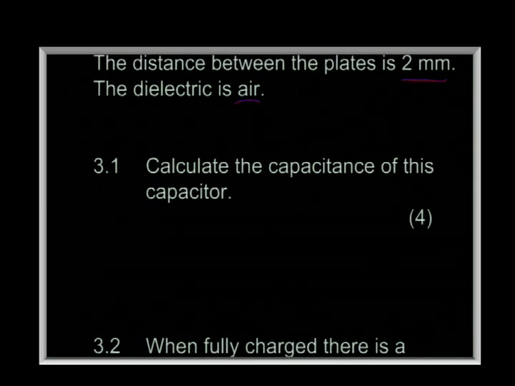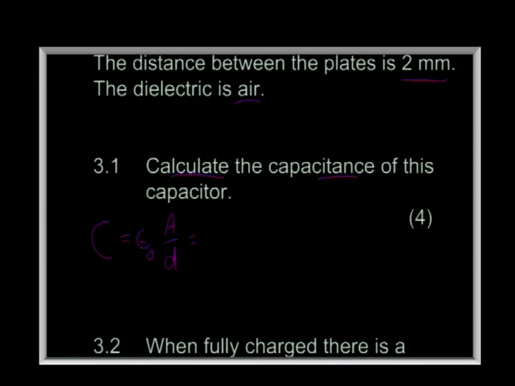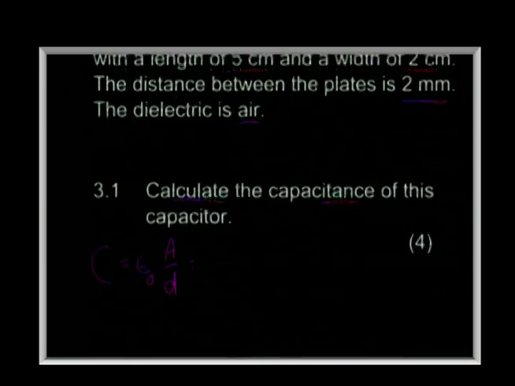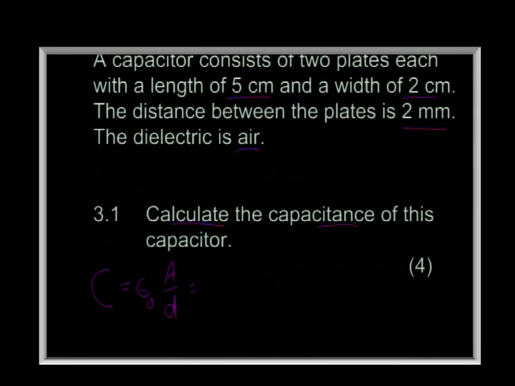Here we're going to recognize that we're asked to calculate the capacitance of this capacitor. So the equation we're going to use is epsilon naught A over d. And in the way that we did the previous one, which was similar to this one, we're going to work out the capacitance by saying we know the value of the permittivity of free space, 8,85 times 10 to the minus 12 times the area.